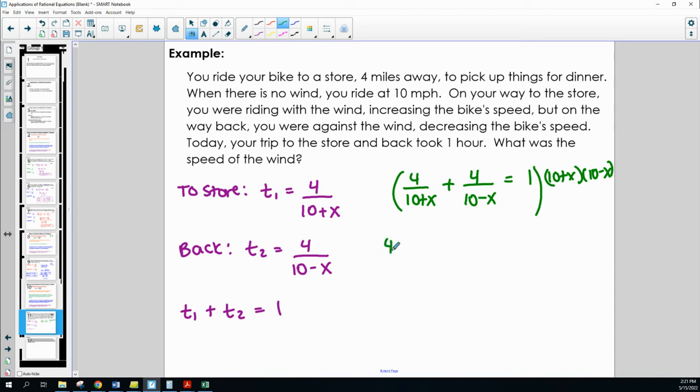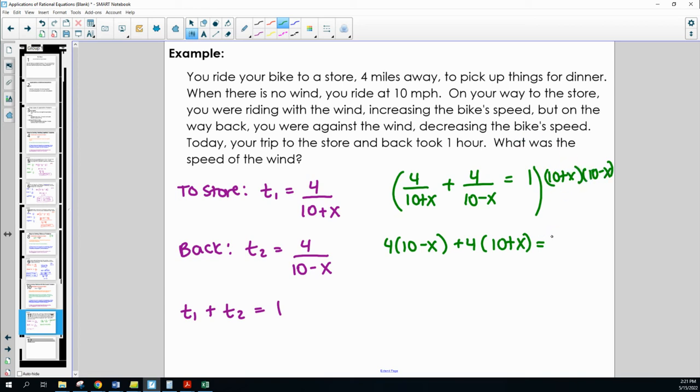So we're left with a 4 and a 10 minus x. In the second fraction, 10 minus x will cancel, so we're left with a 4 and a 10 plus x. And then this one doesn't have a denominator that we can cancel anything with, so we're going to have to multiply by both. Now, since they're pretty much the same thing, where one's a plus x and one's a minus x, if we FOIL this out, the x term will cancel out, right?